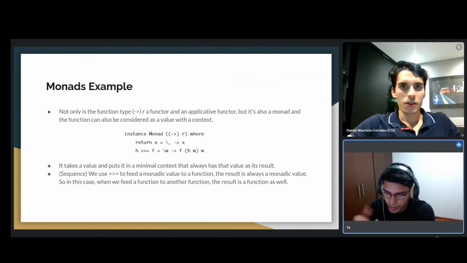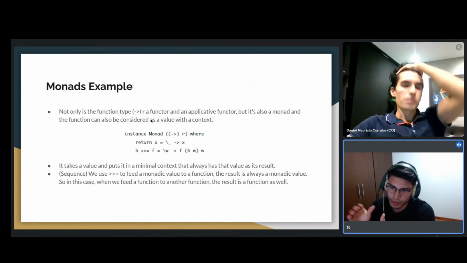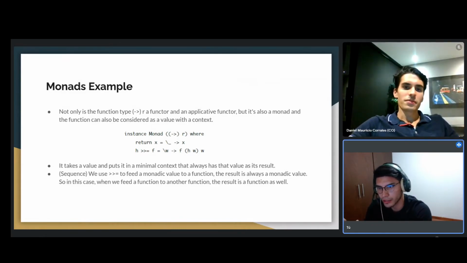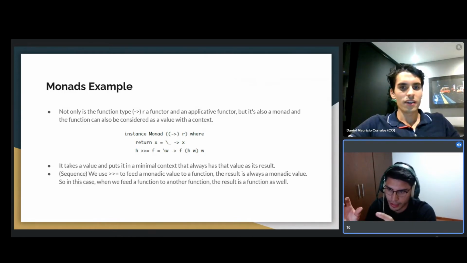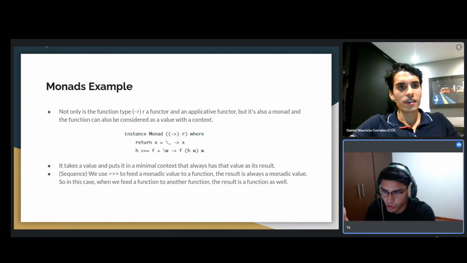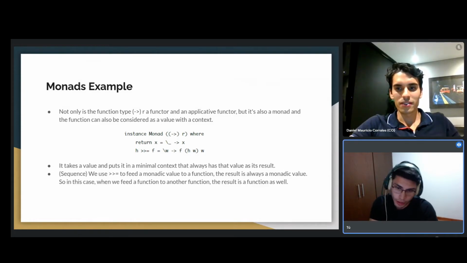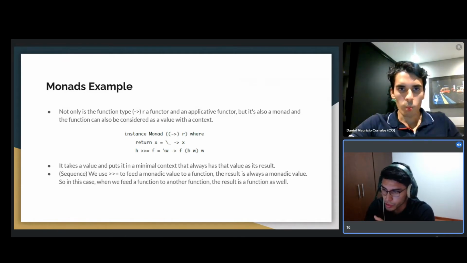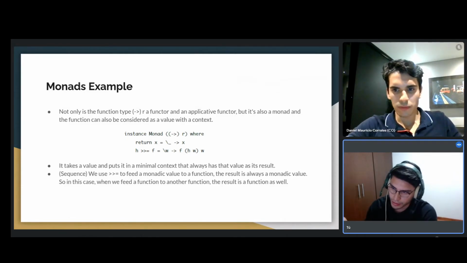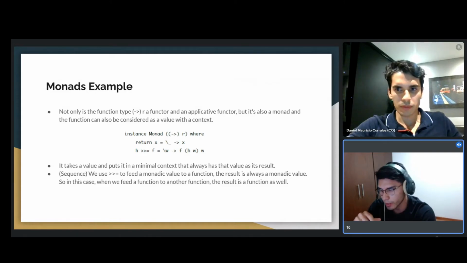So we always have a result that can be a monad of a value. For example, when Daniel explained to us the structure of a monad, we can see that the result always is a monad.